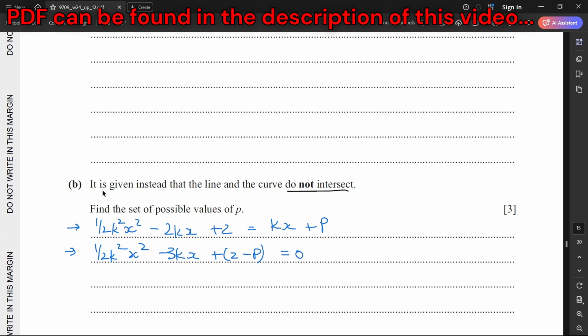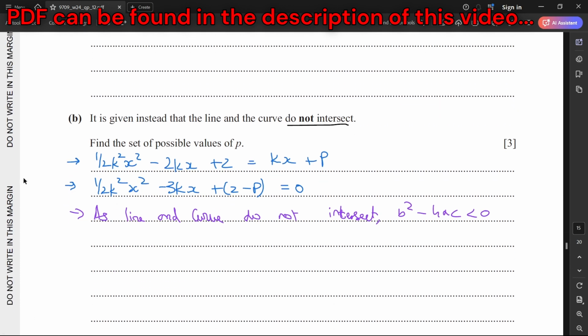And then I'll just write a condition as line and curve do not intersect, then b square minus 4ac will be less than 0 for this equation. So after this I'll just say that therefore b square will become 9k square minus 4ac.